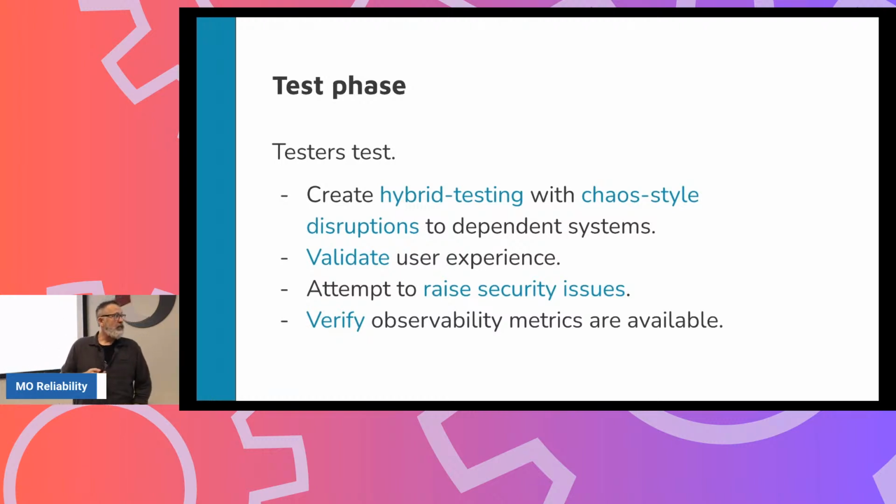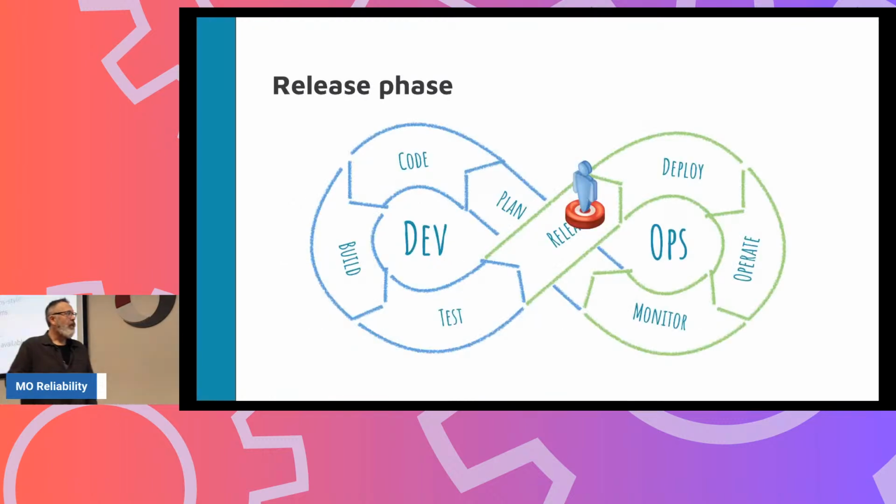But try to find it early, and also make sure that the observability data that the developers coded in are actually producing things that are valid, and if the developers are creating dashboards and things like that, make sure that those are good.